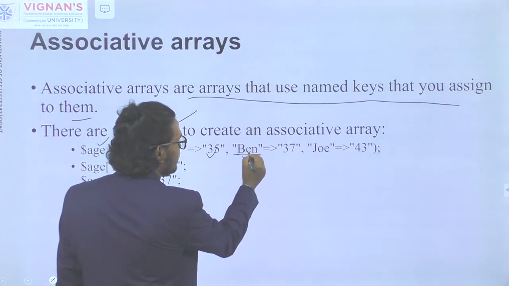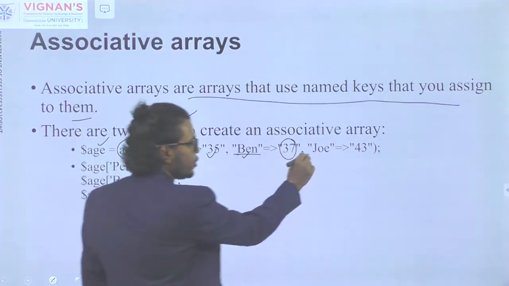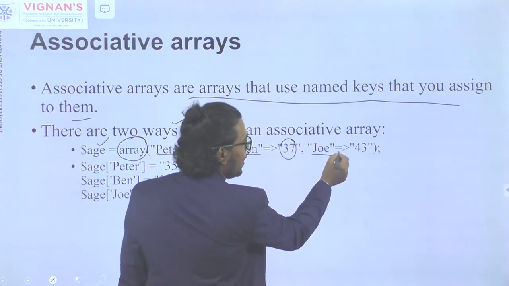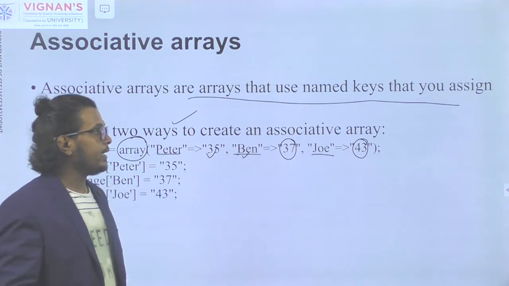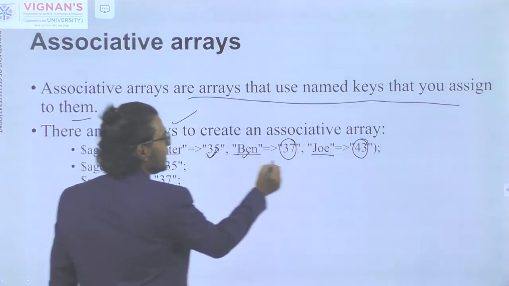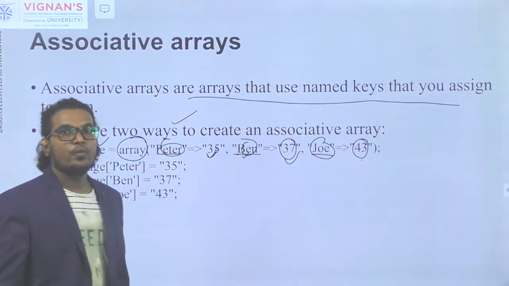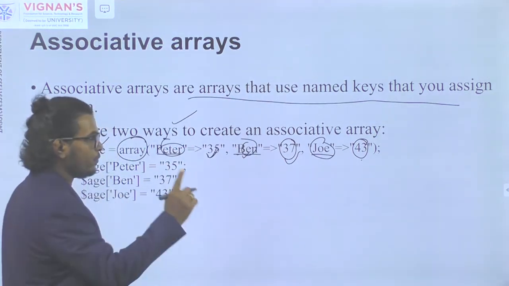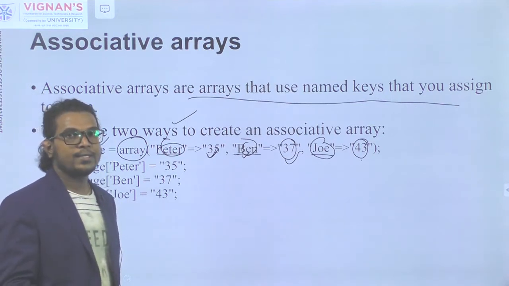My second value is Ben, and the key here is 37. And here Joe is there. You write Joe and assign some key here. These are called the keys, and Joe, Ben, and Peter are called the values. That is the first way of creating associative arrays in PHP.